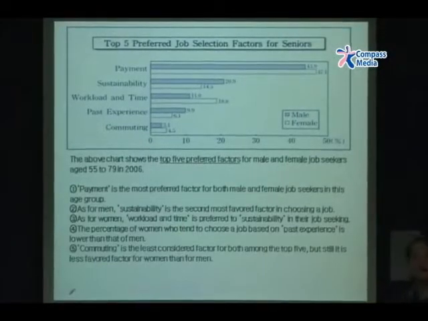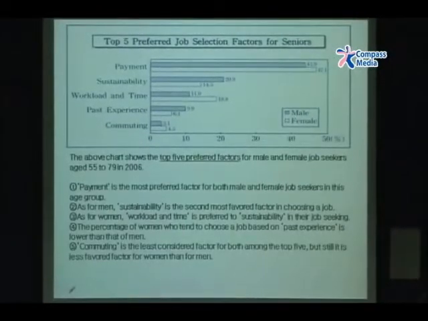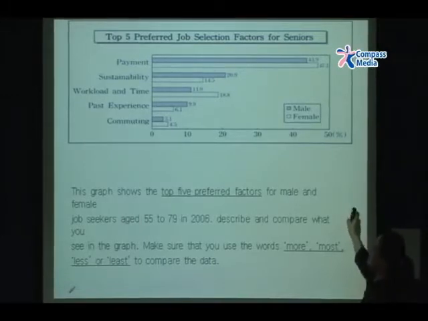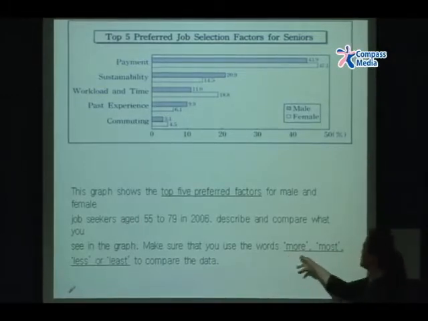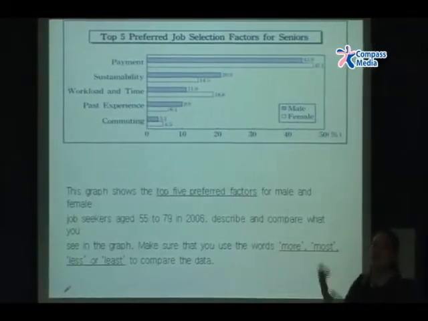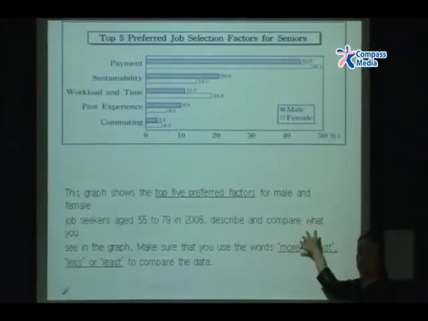And when I converted this exercise into a NEET speaking and writing test, I made this. I give them a graph and present the first topic sentence, then give them a guideline: use more, most, less, and least to make a speech, or make a composition based on this to describe the graph.